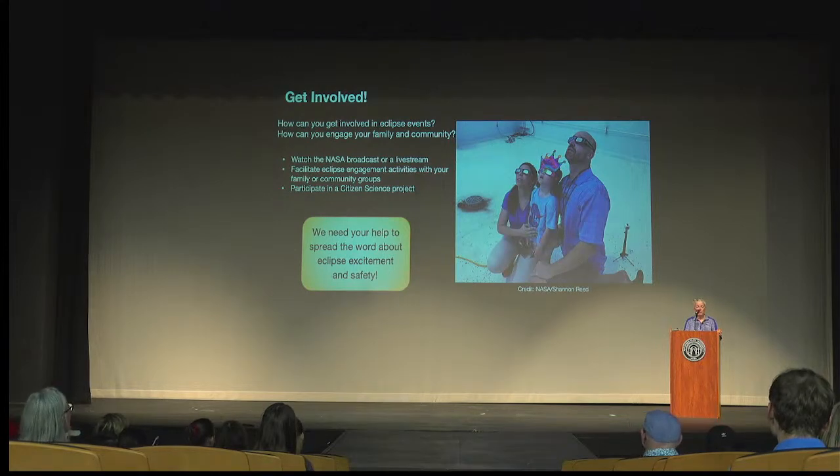Just remember to put them on before you look at the sun, look down, away from the sun, and then take them off. Don't look at the sun without those eclipse solar viewing glasses on.